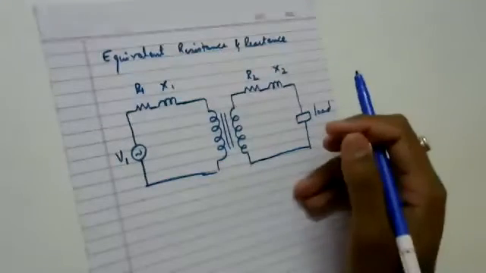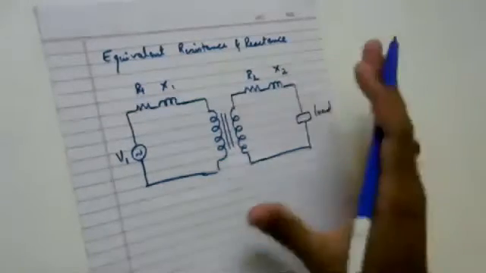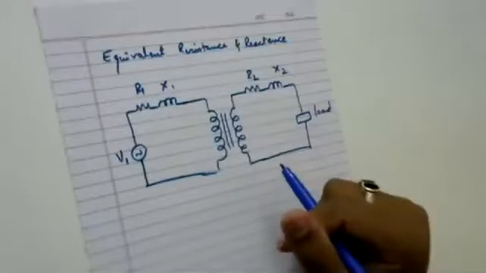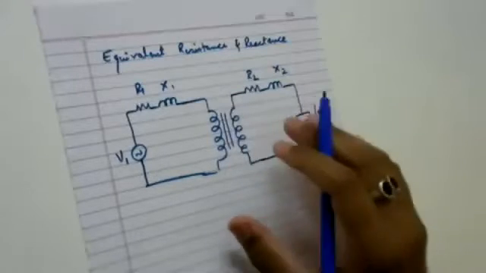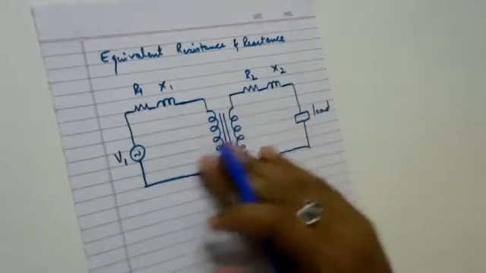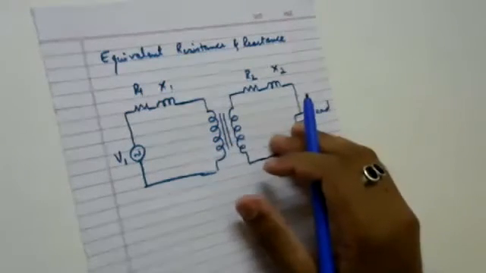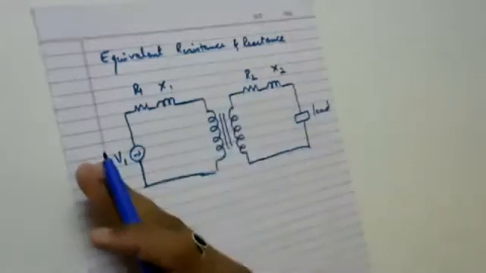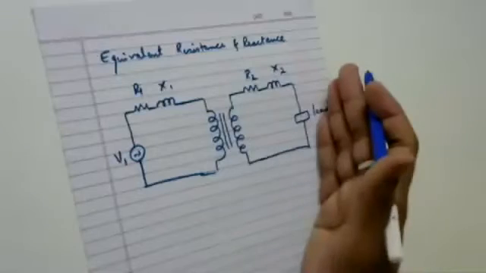Now what we are going to do in this particular circuit is, as you know, this is a simple electrical circuit where these represent two electrical circuits: a complete primary circuit and a secondary circuit.